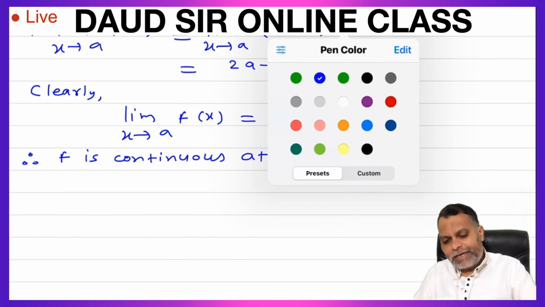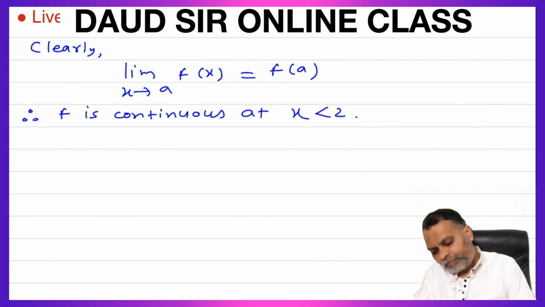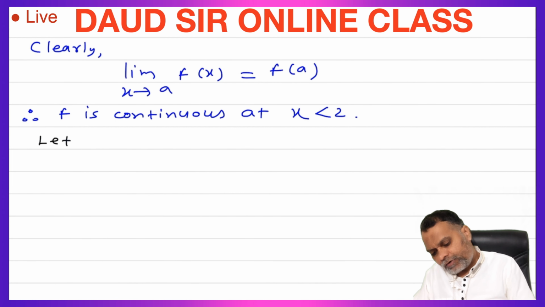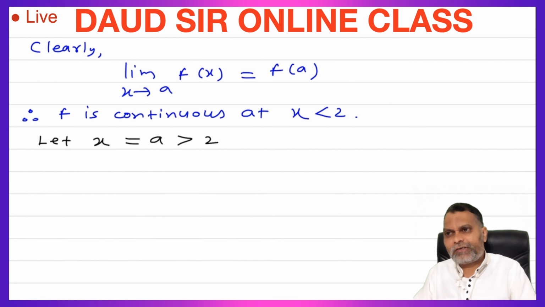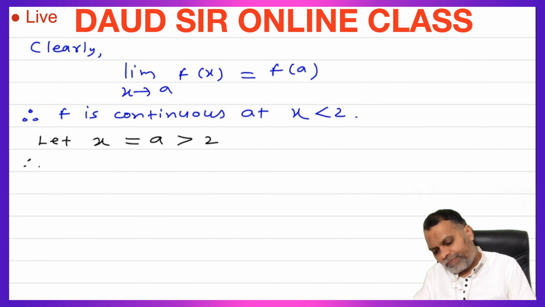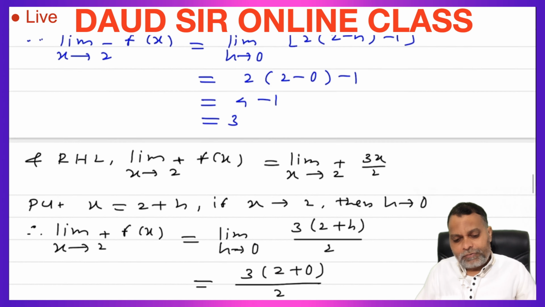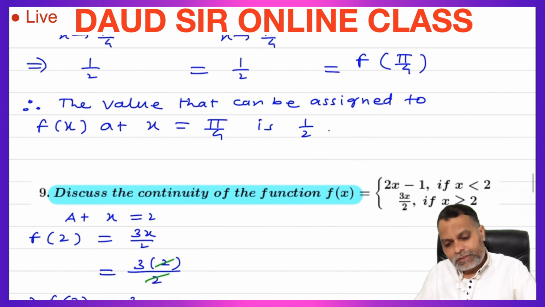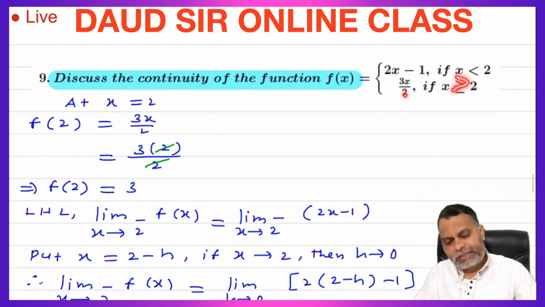And one more point, x greater than 2. Let x is equal to a and a is greater than 2. Check the continuity at this point. Therefore, f of a is equal to, where x is greater than 2, so take 3x upon 2.